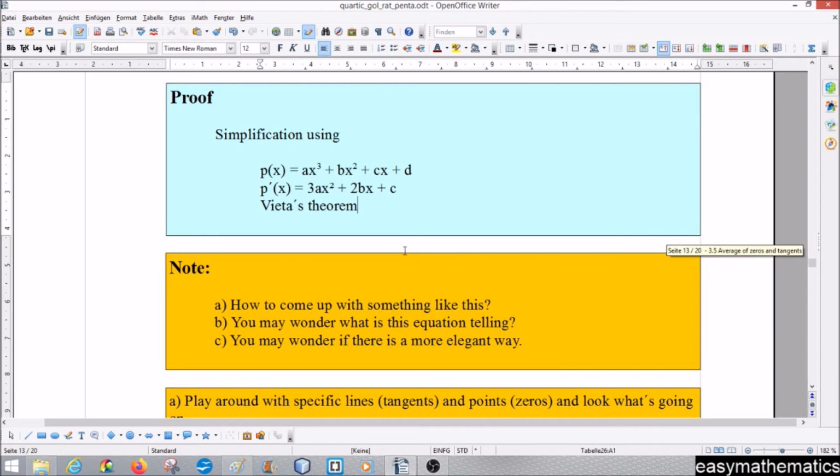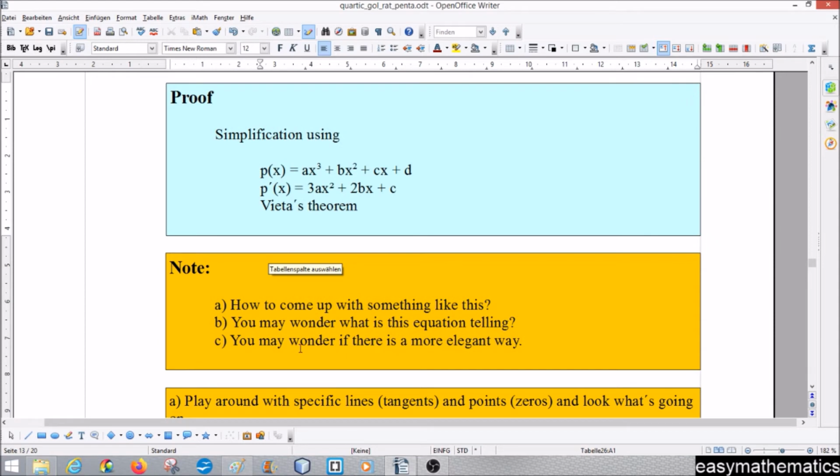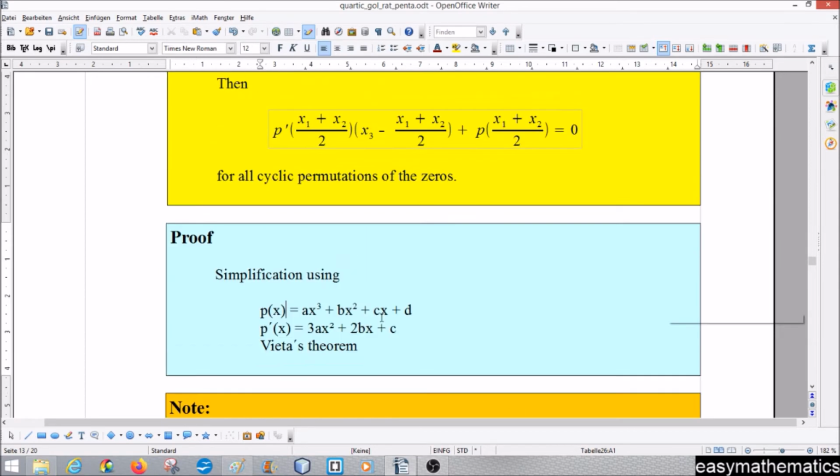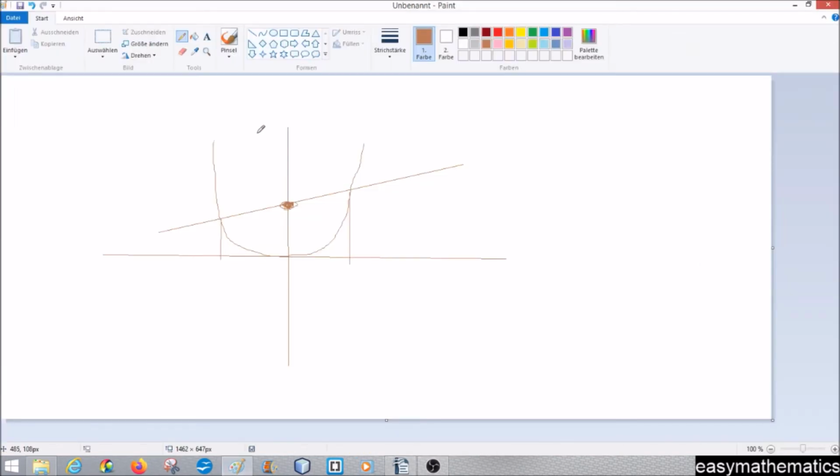Yeah, what is this telling us? And like I said, if you try it this Vieta's way, you may say, is there a more elegant way? And we will come to that in a minute. First, I want to show you what this equation is telling us. I draw a picture.